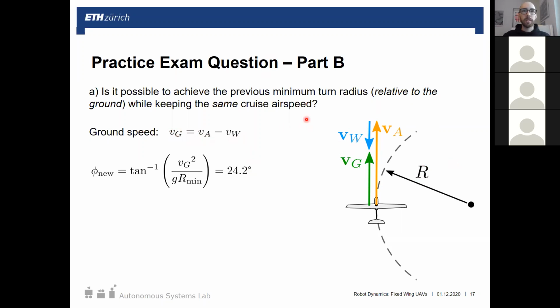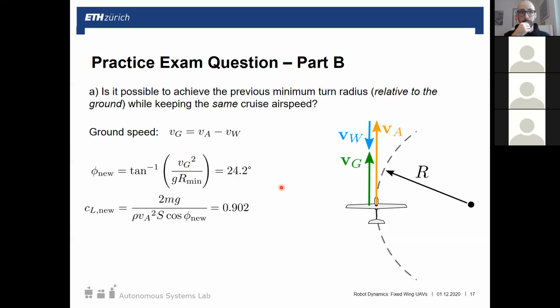Basically we'll need to find a new roll angle. We can plug into the same equation we had before, except this time we're using ground speed as the speed, not the airspeed. And here you notice a smaller roll angle.